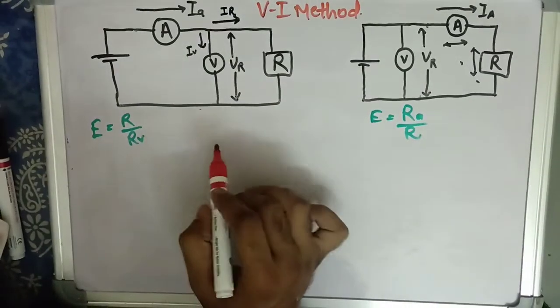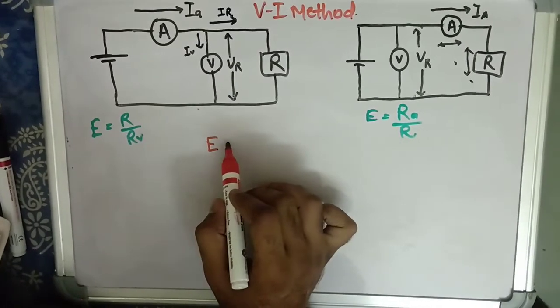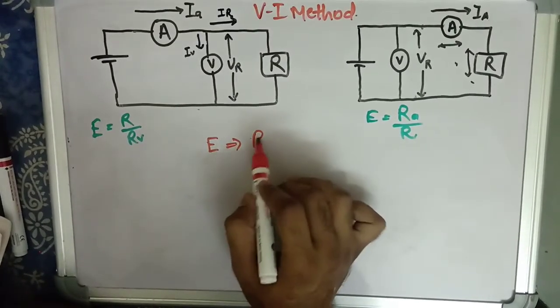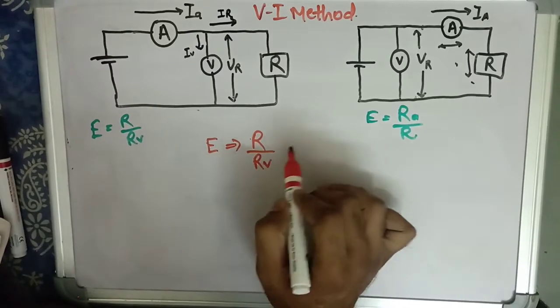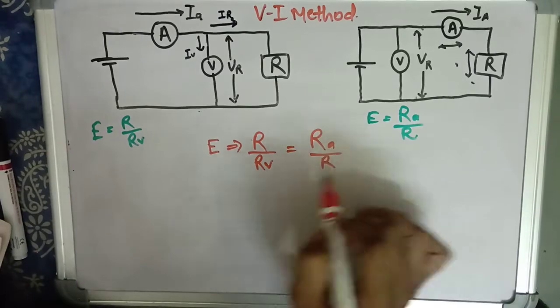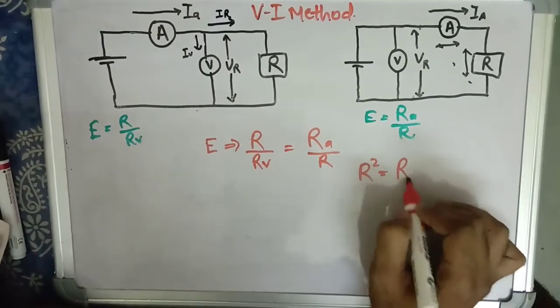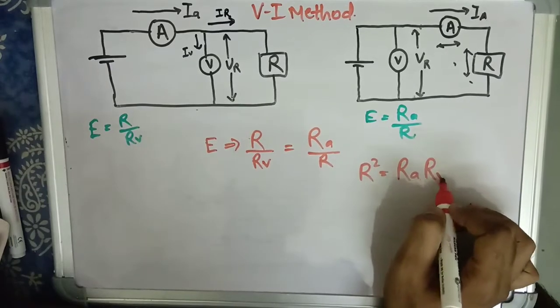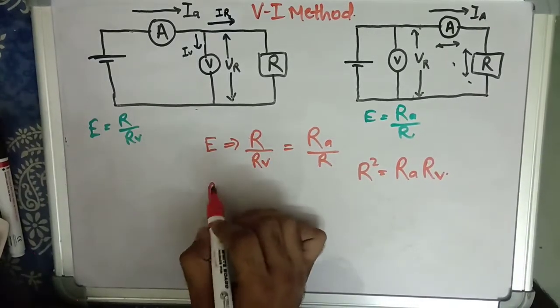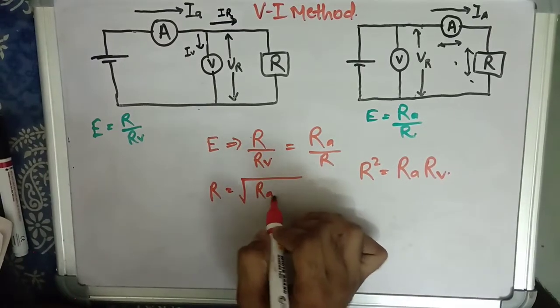For comparison we equate the errors in both cases. The error comes out to be R upon Rv. If we equate it to Ra upon R, we find R square is equal to Ra Rv. So the mid value of resistance comes out to be under root Ra Rv.